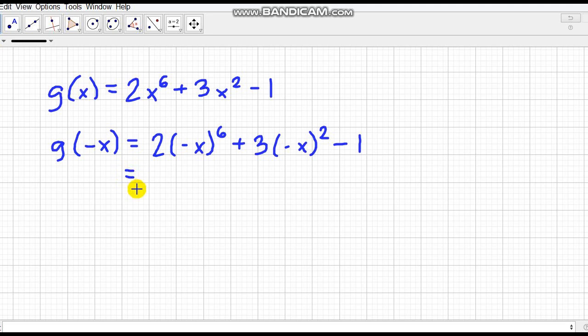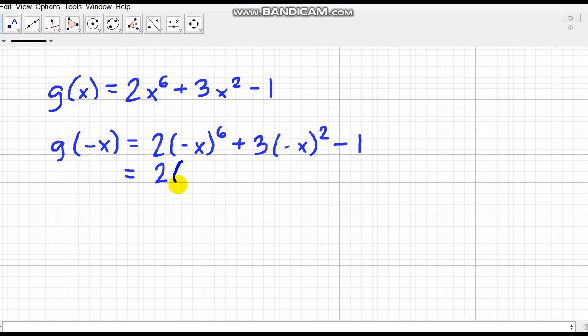Now take note that whenever we have a negative number raised to an even exponent, the answer would become positive. For example, if we have negative 2 raised to the 2nd power, that's 4. If negative 2 is raised to the 4th power, the answer is positive 16. So keep that in mind. So we have 2 here, and the negative raised to 6, which is even, so the negative becomes positive.